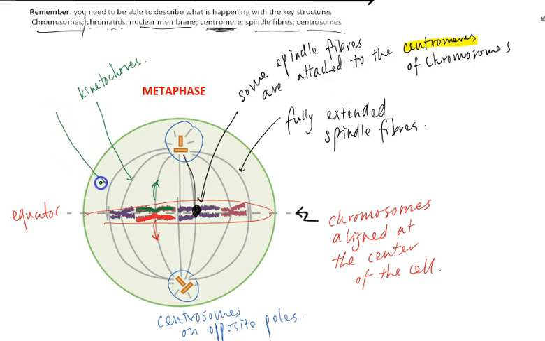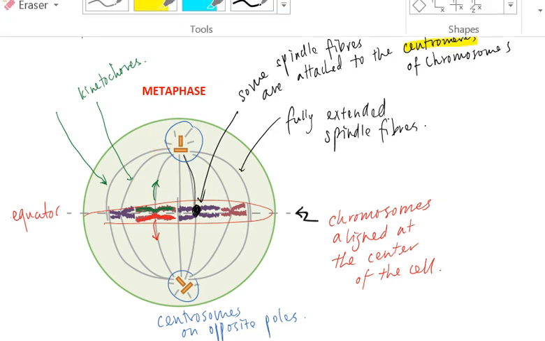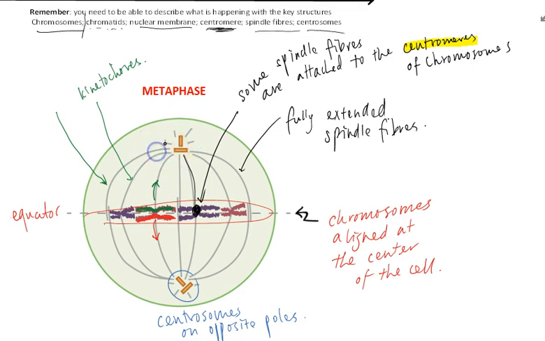We have these other spindle fibers that attach to the spindle fibers from the other centrosome. So if you look at this spindle fiber here, it originates from the top centrosome, and then it doesn't attach to a centromere, but it attaches to the spindle fiber that originates from the other centrosome.